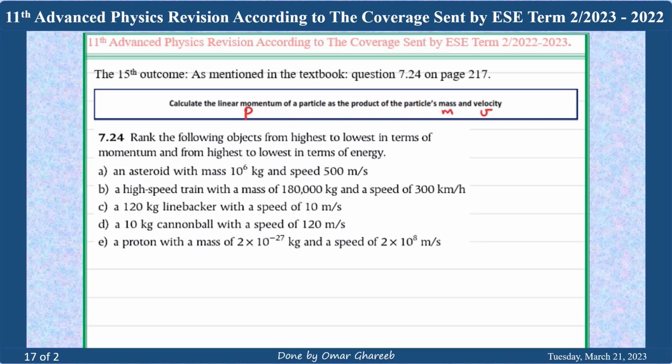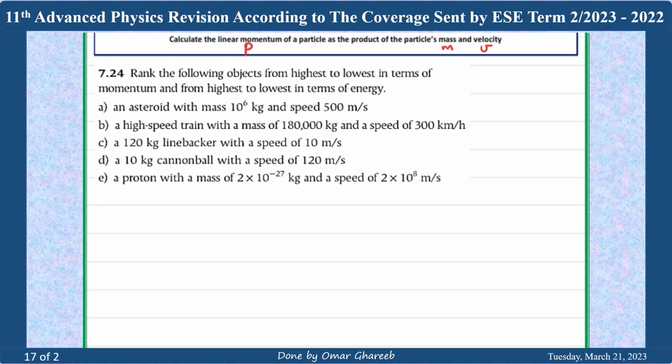First one, A, an asteroid with a mass of 10 to the 6 kilograms and a speed of 500. First we find the kinetic energy, then the momentum, or first the momentum, then the kinetic energy. The kinetic energy is 1/2 mv squared.